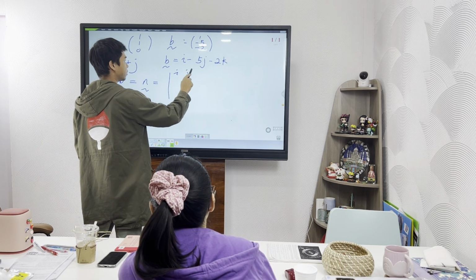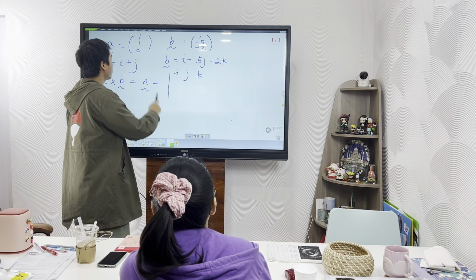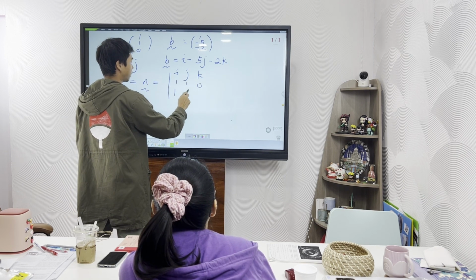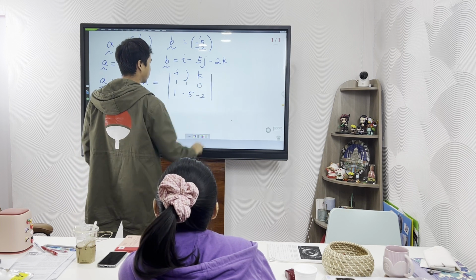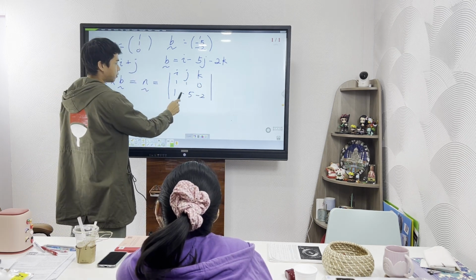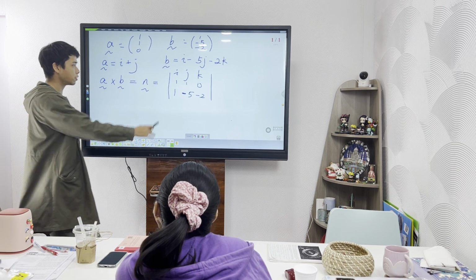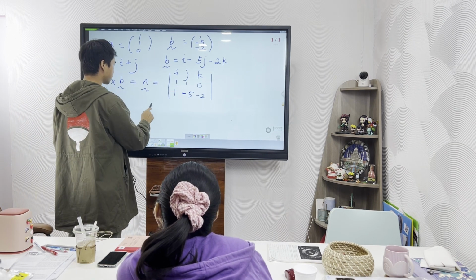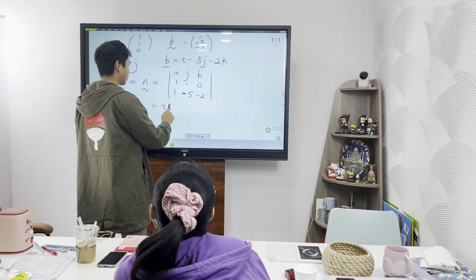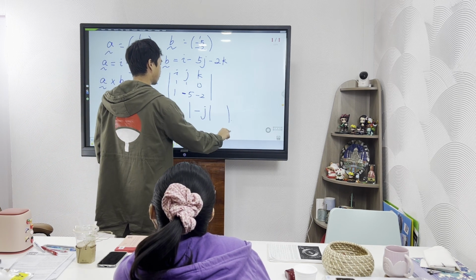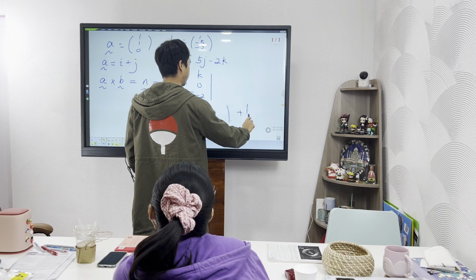This is the standard procedure: i, j, k. Then we list down 1, 1, 0, and 1, -5, -2. I hope you don't forget how to do cross product. This is just listing down, and then the process will just follow. i minus j plus k.